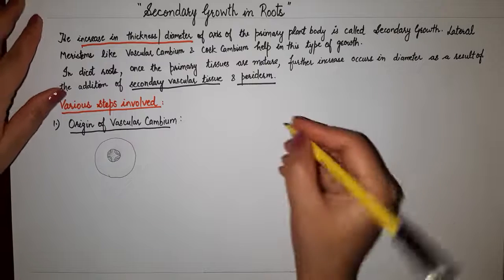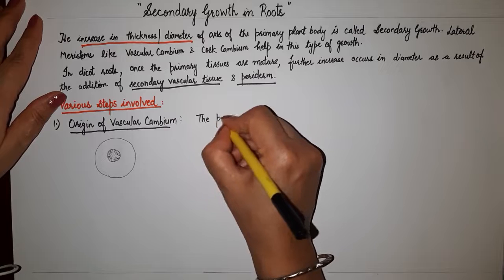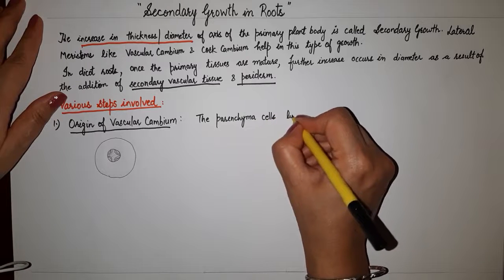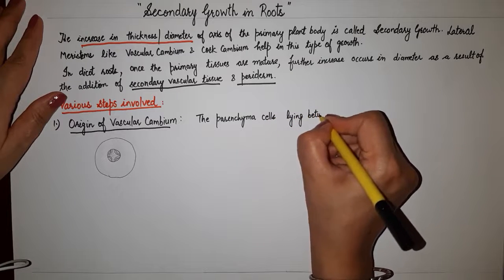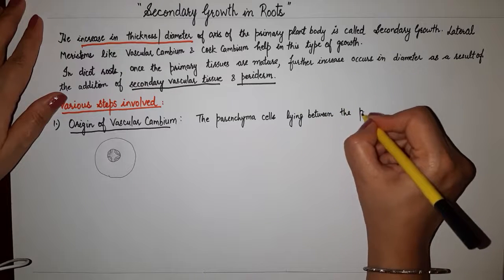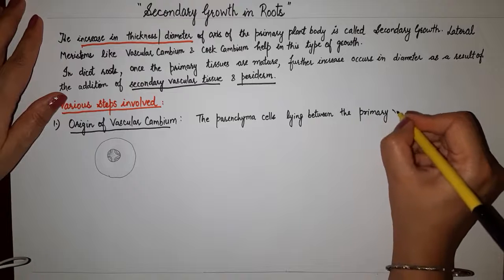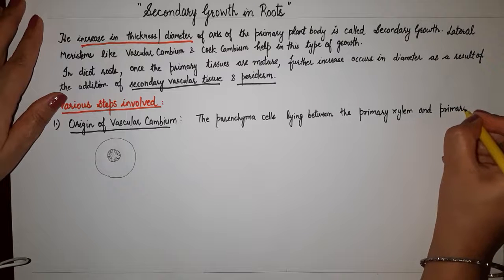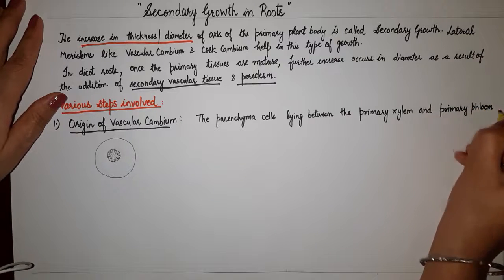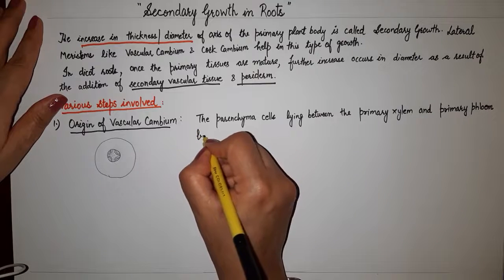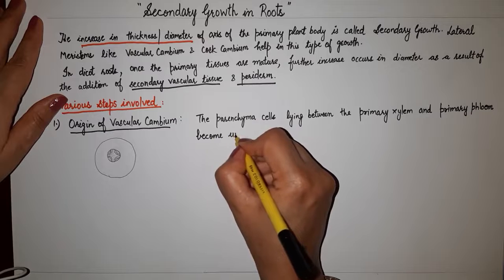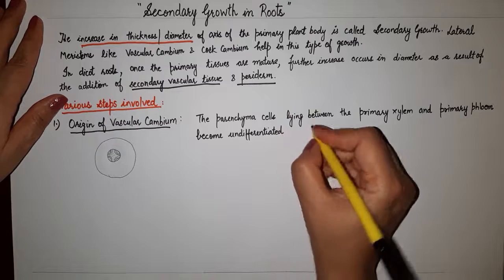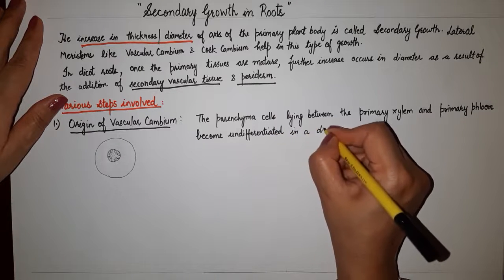Firstly, about the written part, the parenchyma cells lying between the primary xylem and primary phloem become undifferentiated in a dicot root.